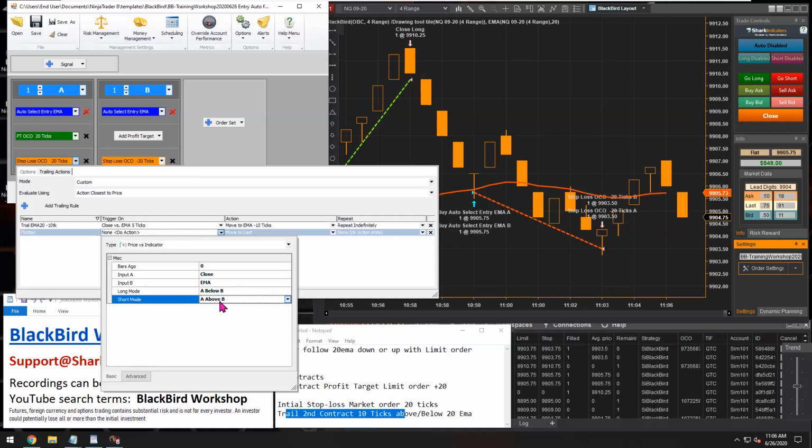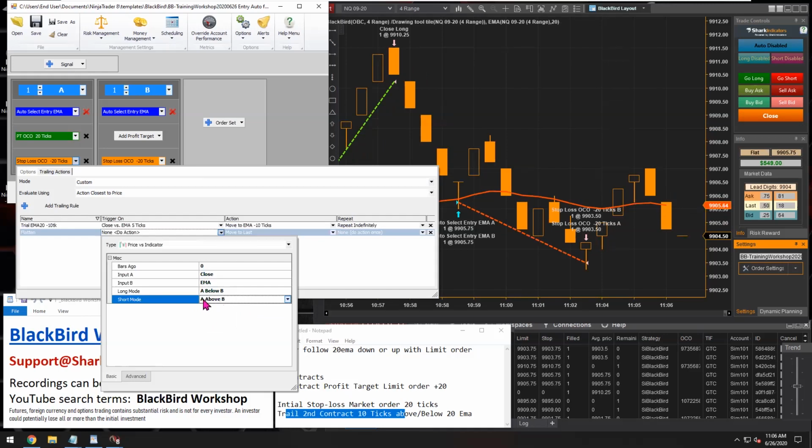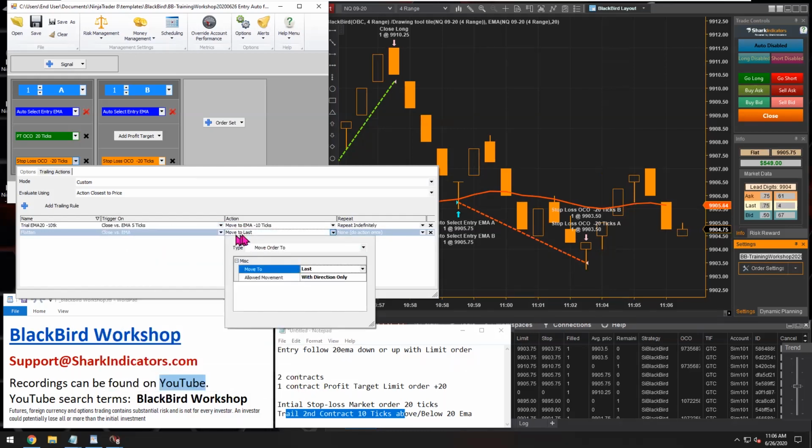Now keep in mind that this trailing rule, this price versus indicator, does conflict with the other one. The action here is you want to close the trade out. So under type, that's going to be flatten position.